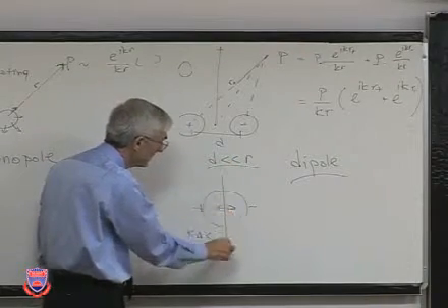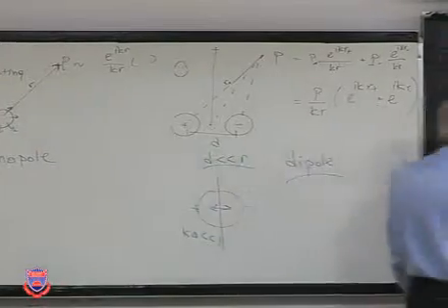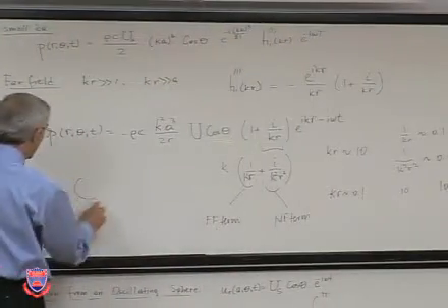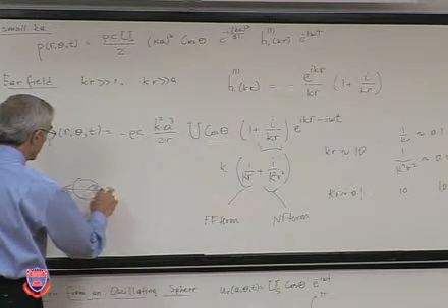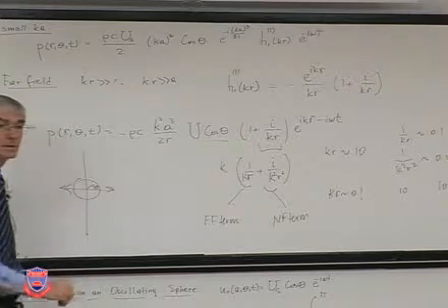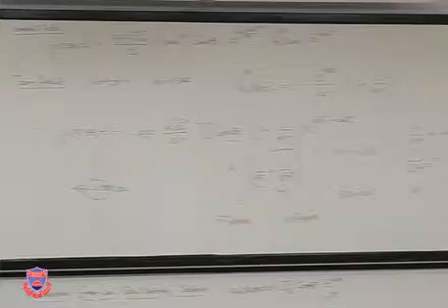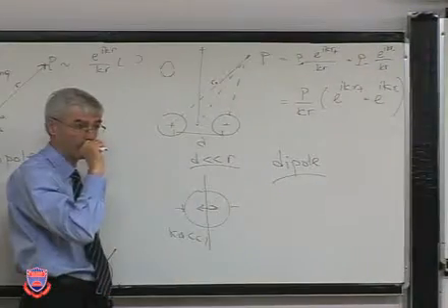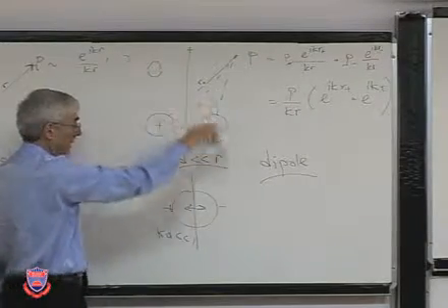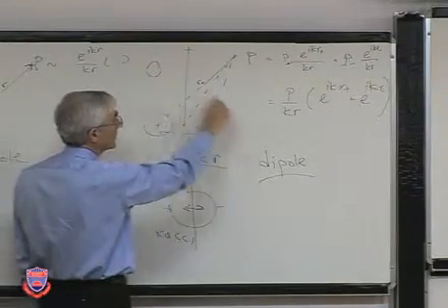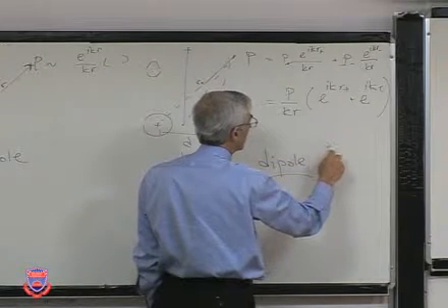Just like for this one, the expression here has cosine theta, which is the oscillation, and theta is this angle. It's 0 in the line of symmetry between them.